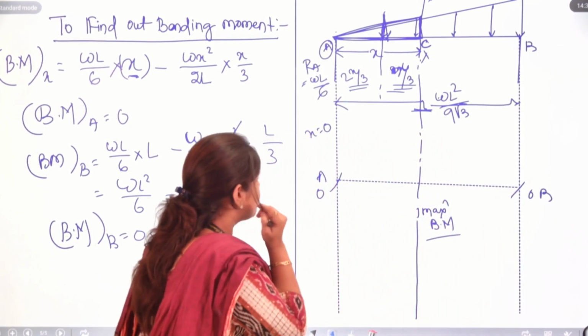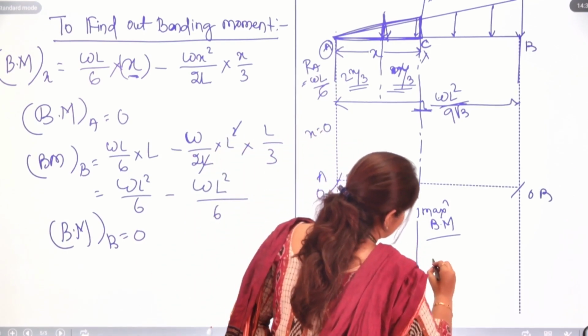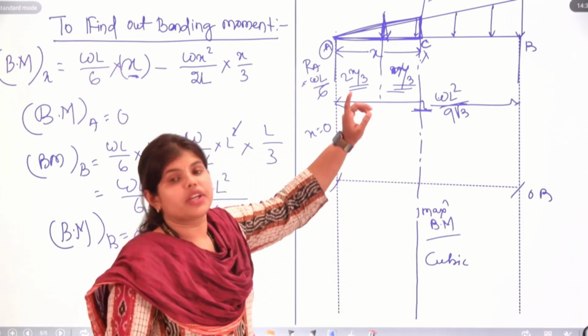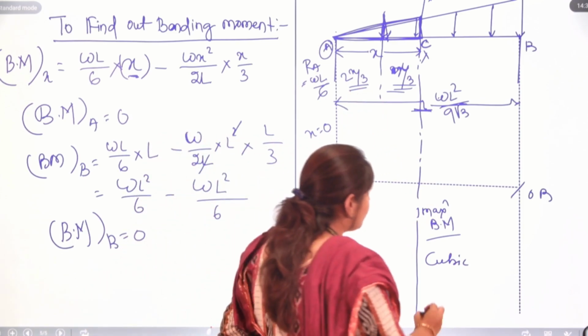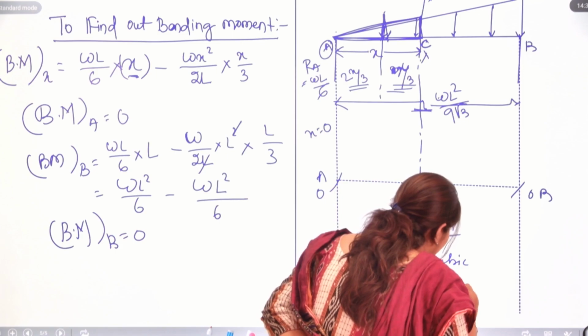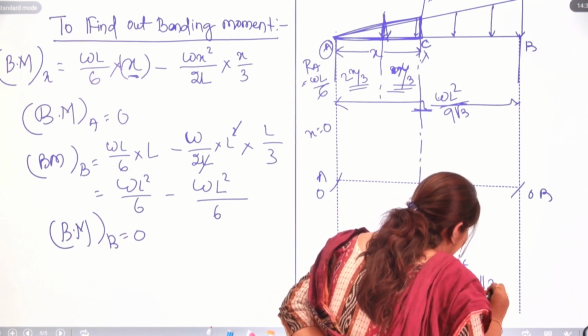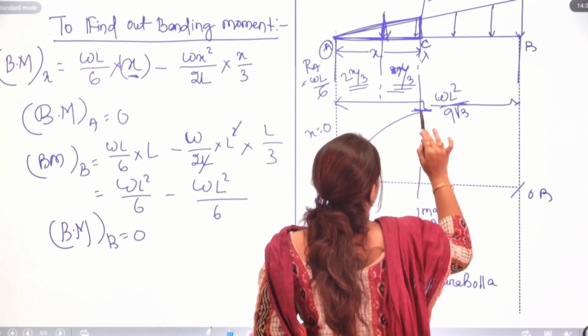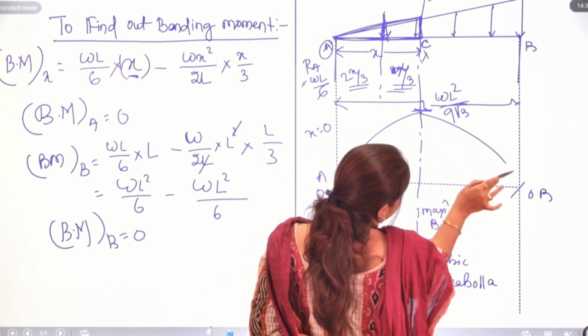You need to remember that the bending moment diagram for application of UVL in case of a simply supported beam is a cubic parabola. Drawing is going to be like this.